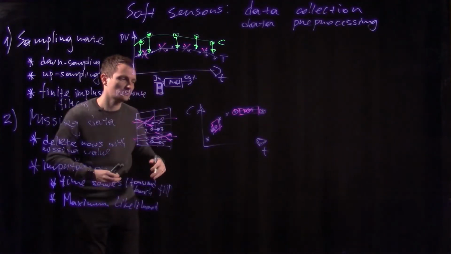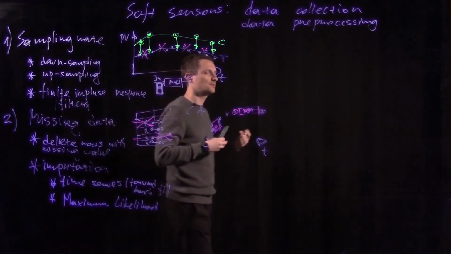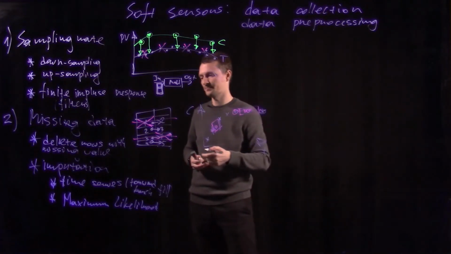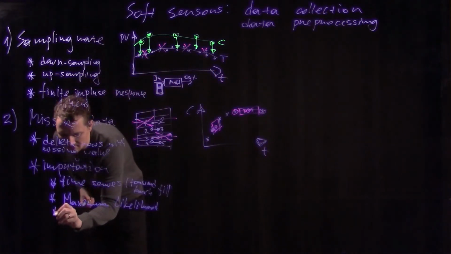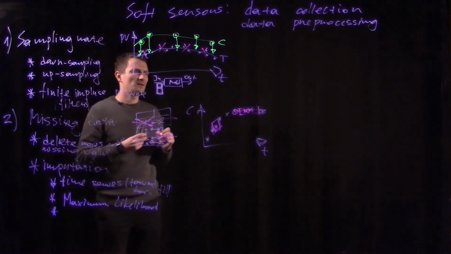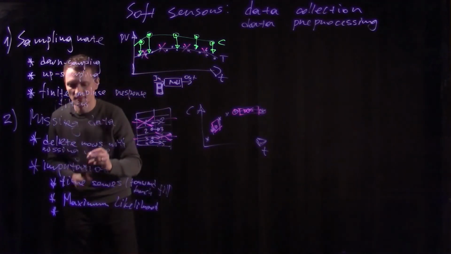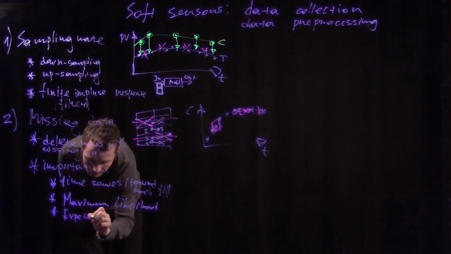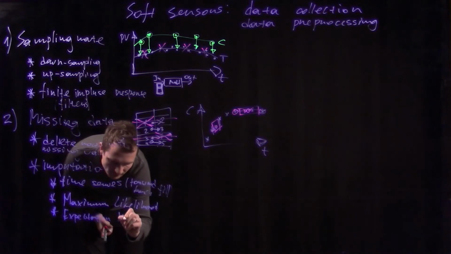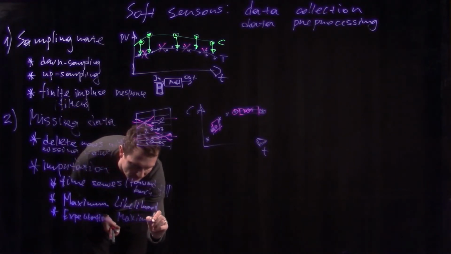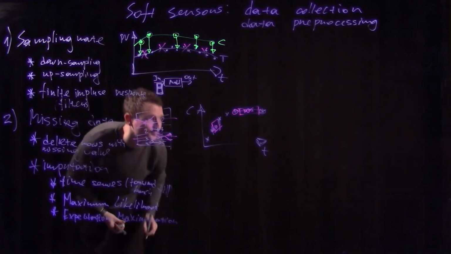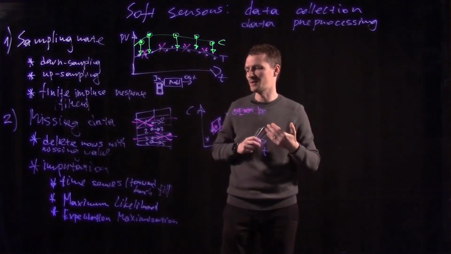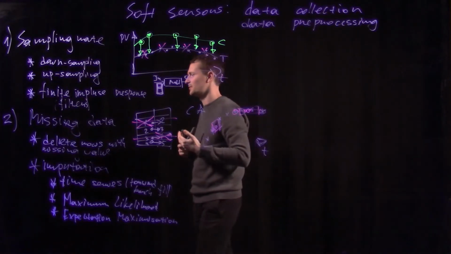For that, because you assume that your data follow a certain distribution, you need to select a distribution and the parameters first. And the second technique is called expectation maximization. It's similar to maximum likelihood, but it's an iterative method.